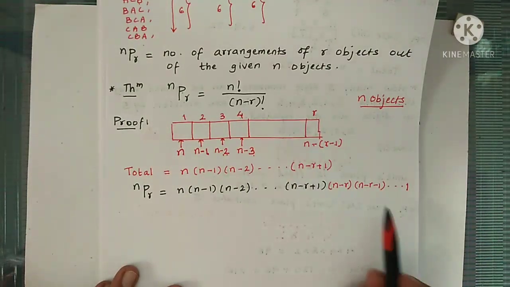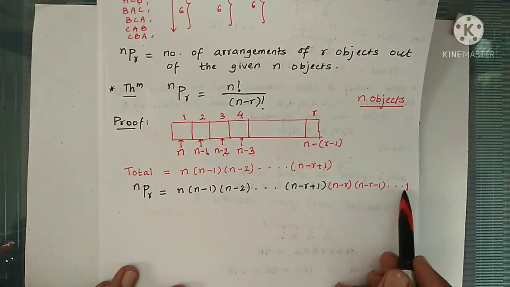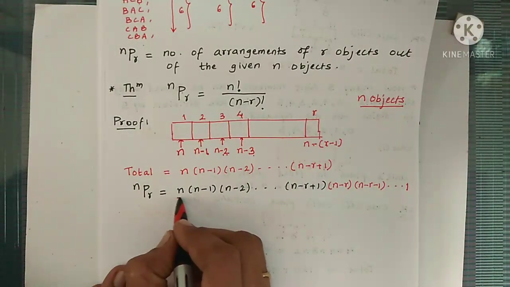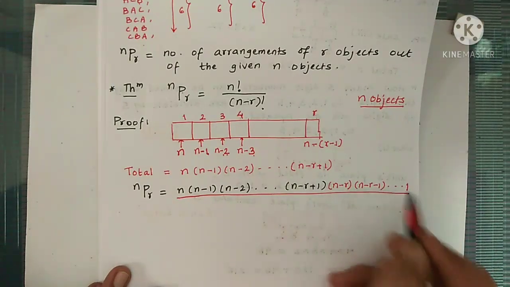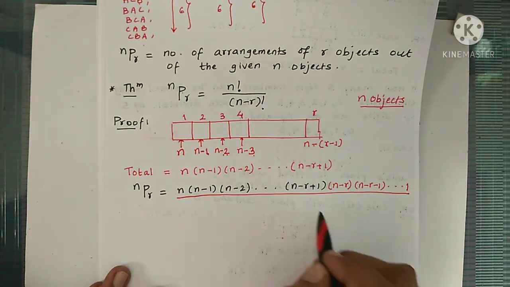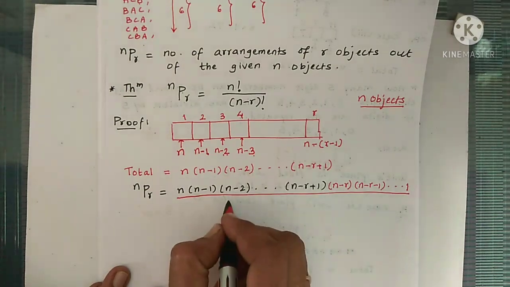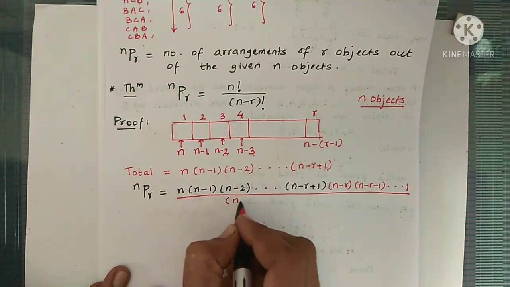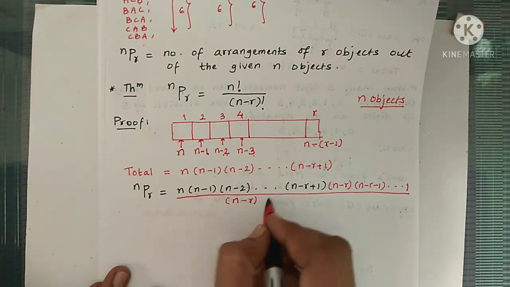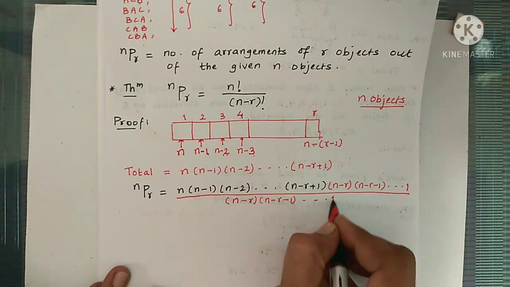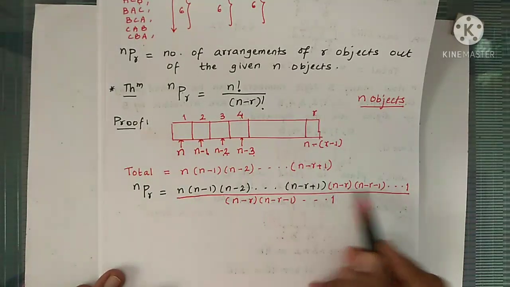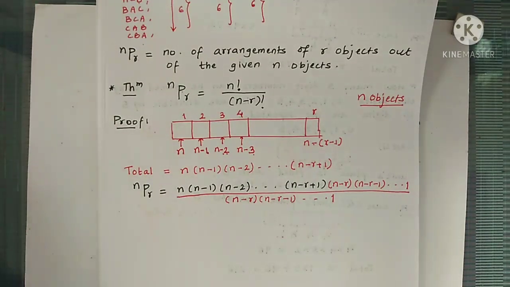See, so we have attached this number to this. That means we are multiplying this numerator by n minus r up to 1. We don't want to change the meaning. That means we have to multiply the denominator also by the same numbers, n minus r minus 1 up to 1. So this part is attached to the numerator, similarly to the denominator.